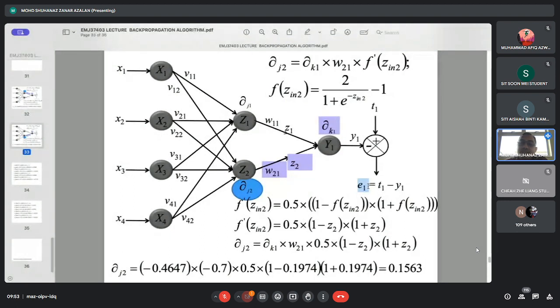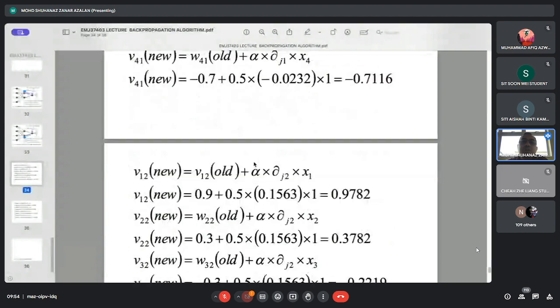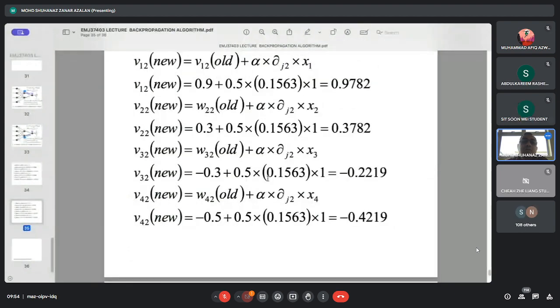Then we test it, to see whether our model can classify with high accuracy, maybe 100 percent accuracy, if we have different types of data here. Okay, so this is how the backpropagation algorithm works.